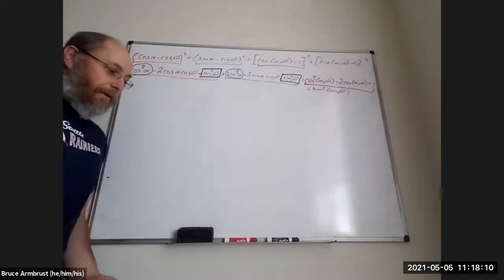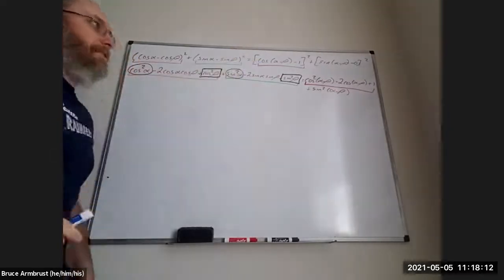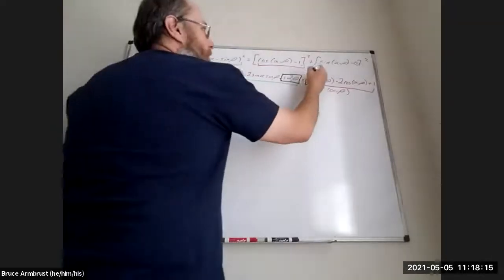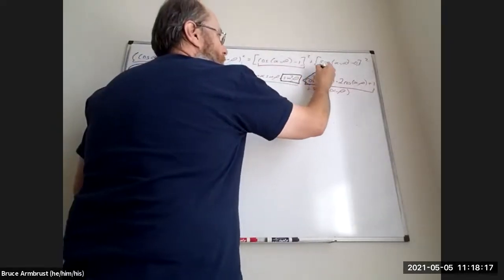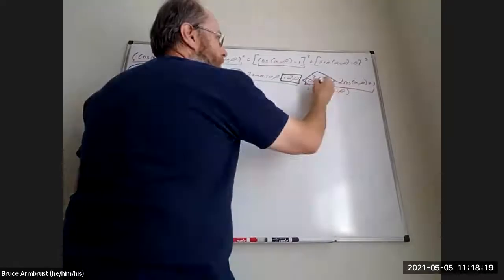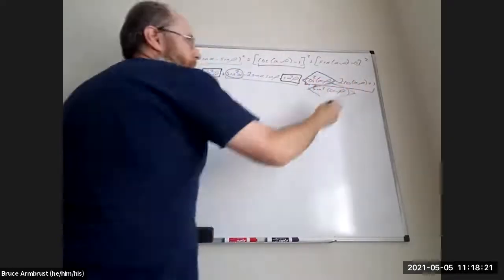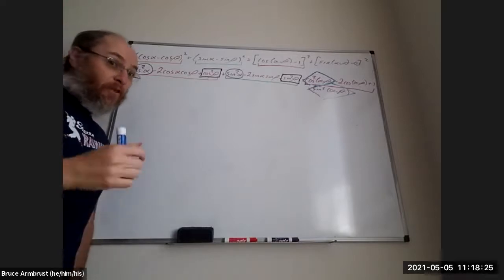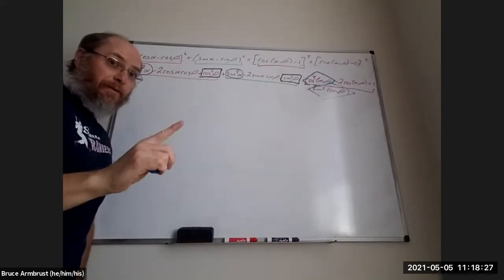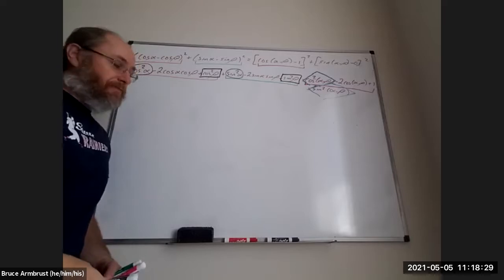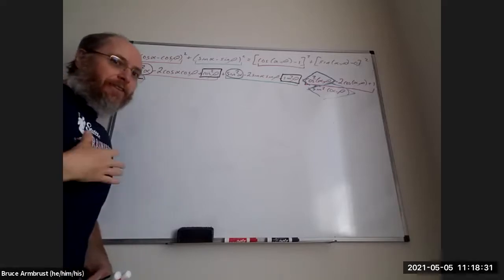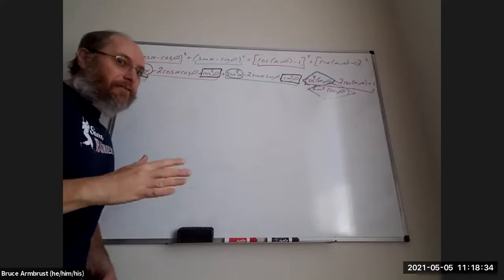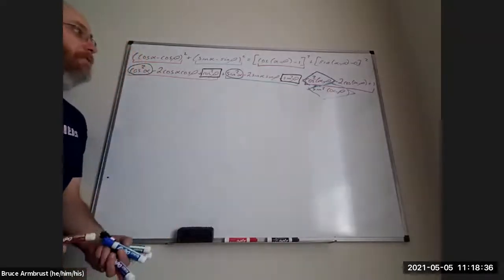And even better, if you look on the other side, we've got cosine squared of alpha minus beta and a sine squared of alpha minus beta. Those also are going to add up to 1. All right, so this is where I said it's going to get nicer real fast. So check out what we have.